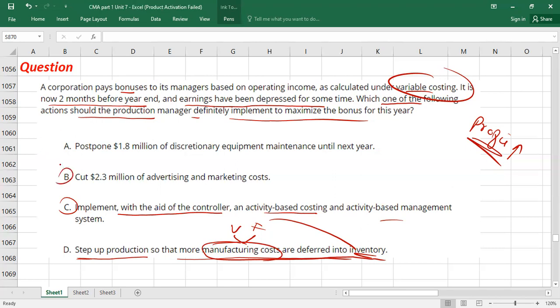Then, 2.3 million of advertisement and marketing cost. You should cut that 2.3 million of advertisement and marketing. Tell me, you are the manager of the production, and the 2.3 million of advertisement and marketing cost is not controlled by the manager of the production.